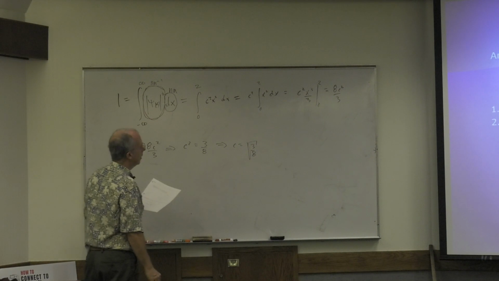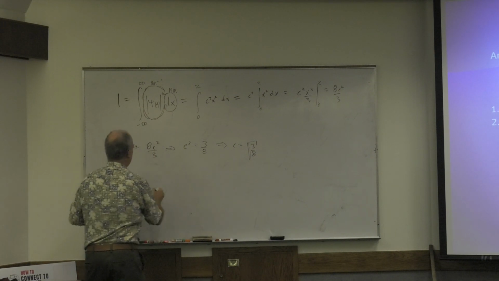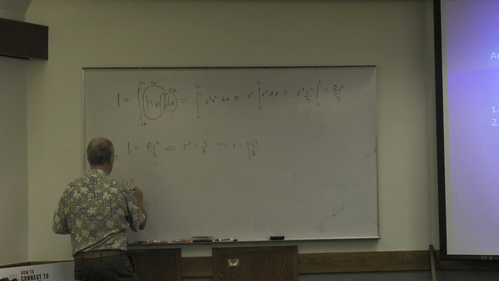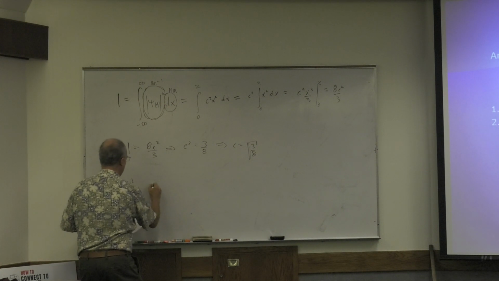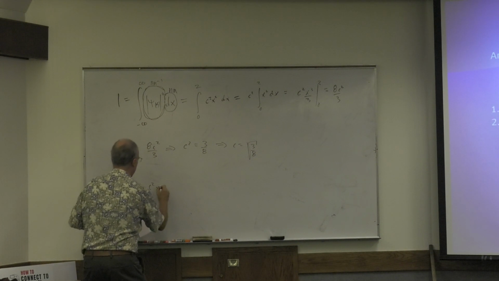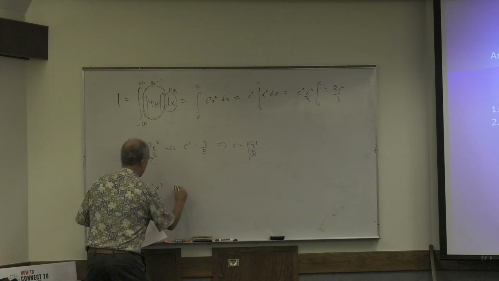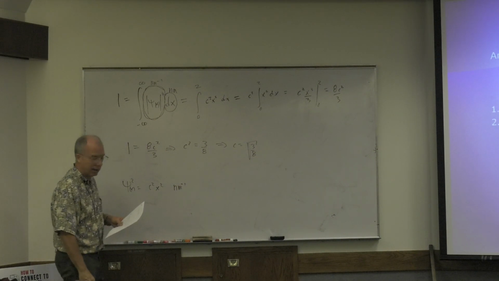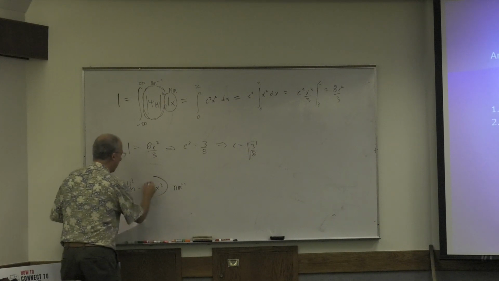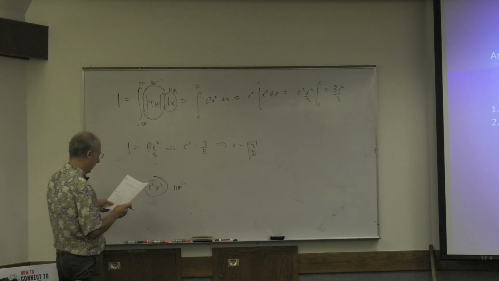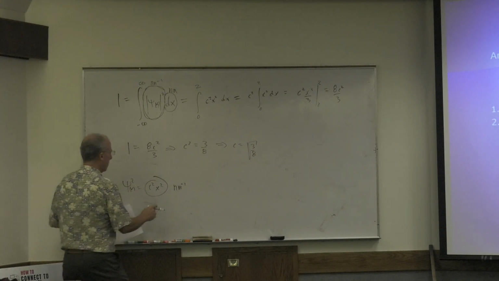So what does that mean? Psi squared is c squared x squared, and that has to have units of nanometers to the negative 1. This whole thing, units of nanometers to the negative 1. Okay, so let's work on that.